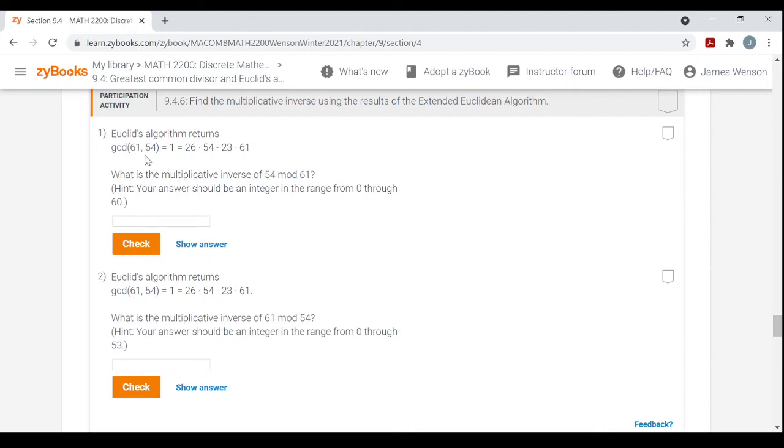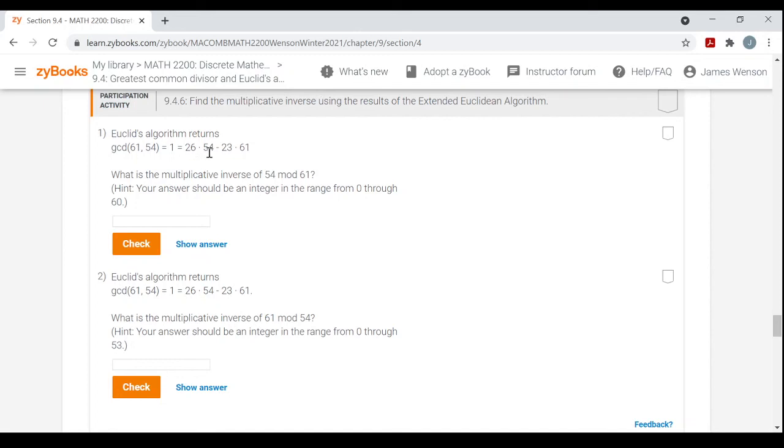So if you were asked, what is the inverse of 54 mod 61? Well, if you look at how 1 can be written as a linear combination of 54 and 61, 26 would be the inverse of 54 mod 61, right?